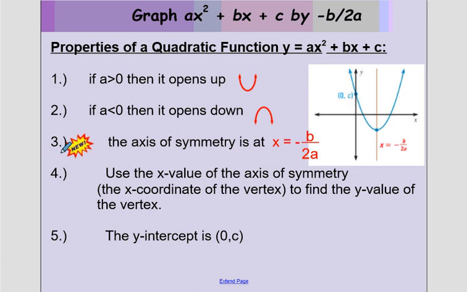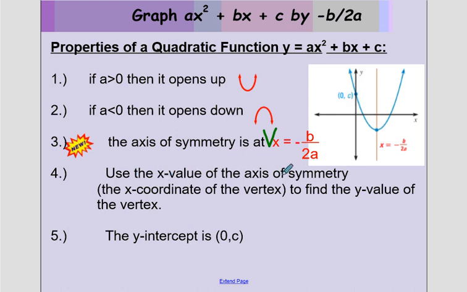And so we have a ton of properties now that enable us to graph quadratics. We know if the leading term a is greater than 0, the graph's going to open upward. If the leading term a is less than 0, negative, the graph's going to open downward. We know the axis of symmetry, which is where the vertex's x-coordinate is going to be located. That middle imaginary fold line is going to be at negative b over 2a, and that's because the vertex's x-coordinate is going to be at negative b over 2a.